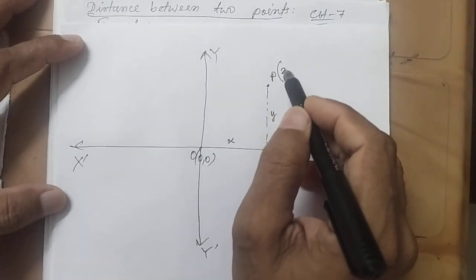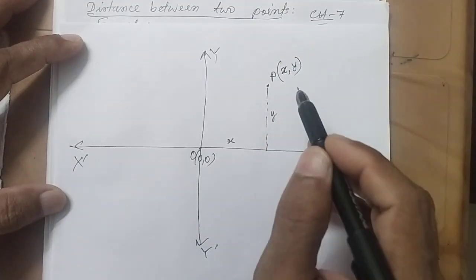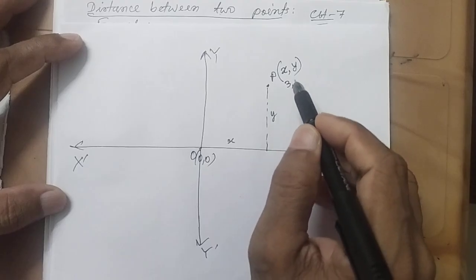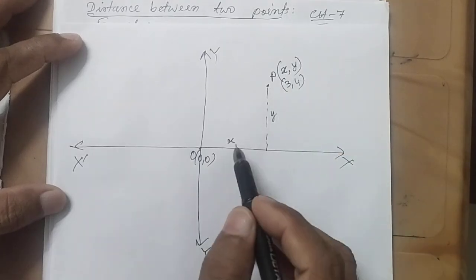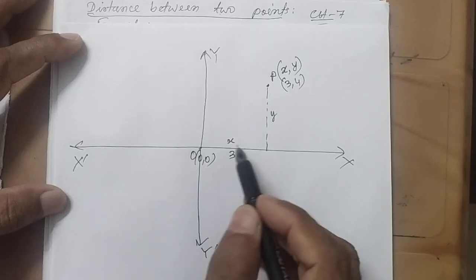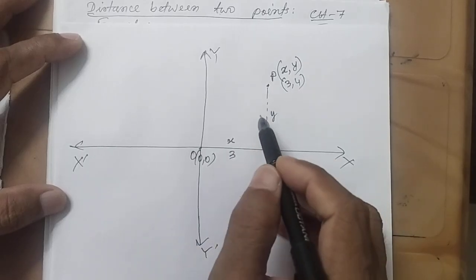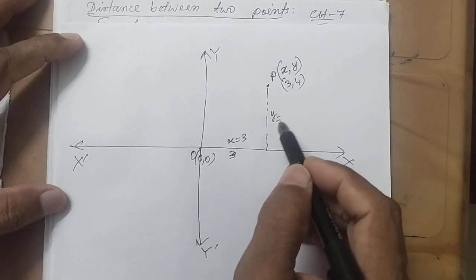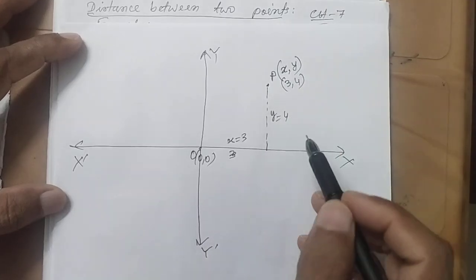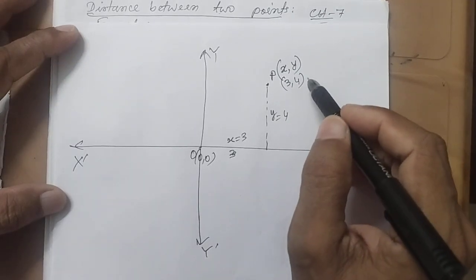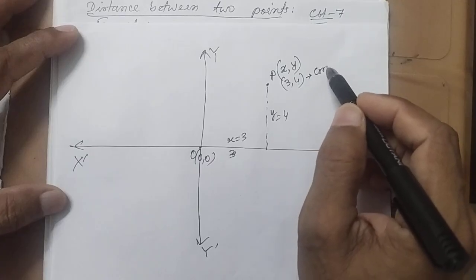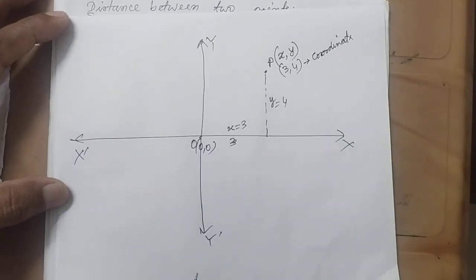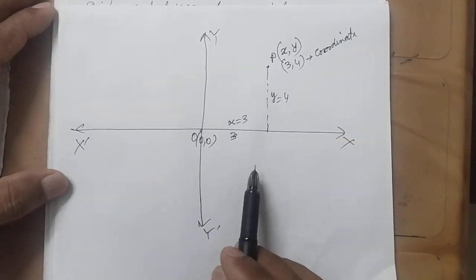We write the position of the point like this: (x, y). Say the first number is 3 and the second is 4. The first number represents the horizontal distance, which is 3, and the second number represents the vertical distance, which is 4. So x is 3 here and y is 4. So (3, 4) is the position of this point, and this position is also called the coordinates of the point. This is the basic idea which we learned in class 9.